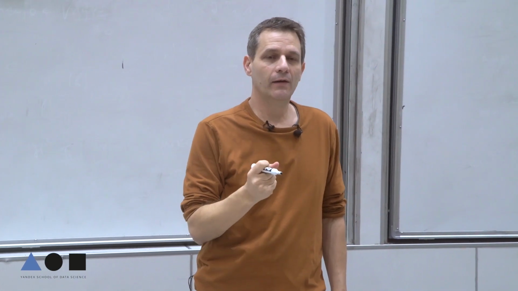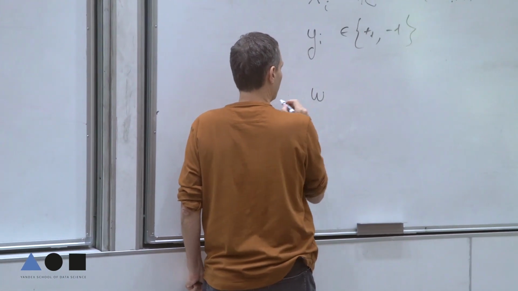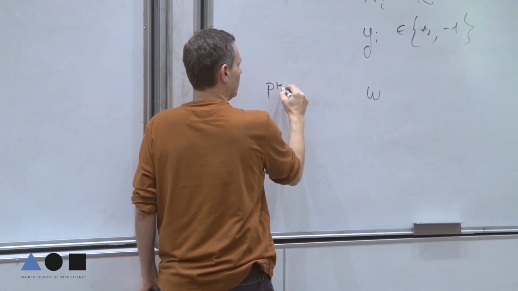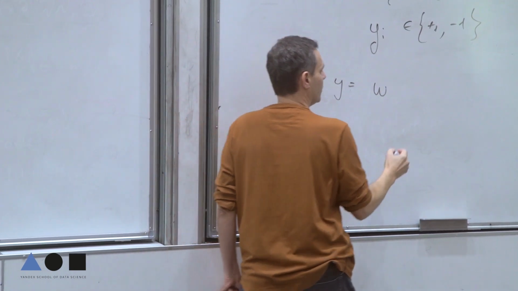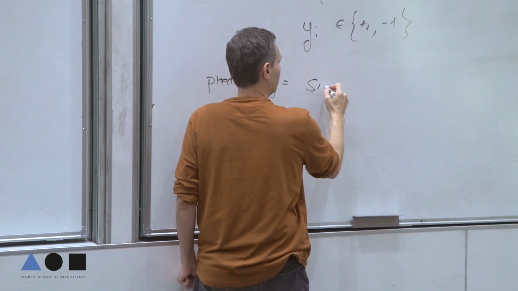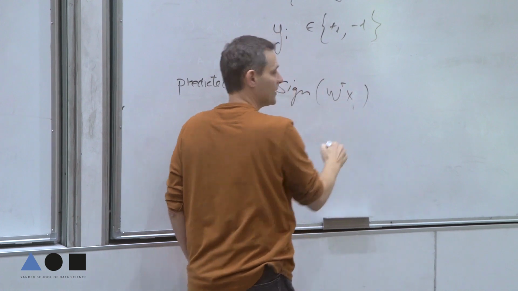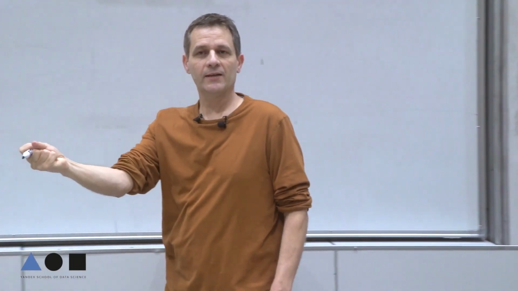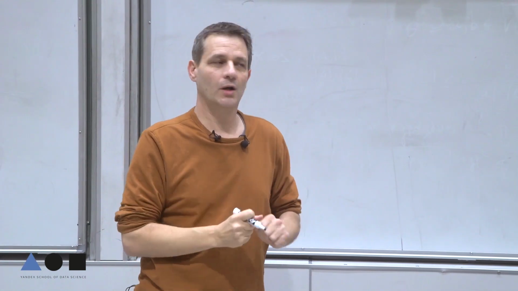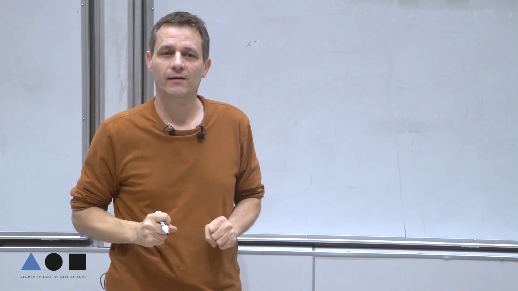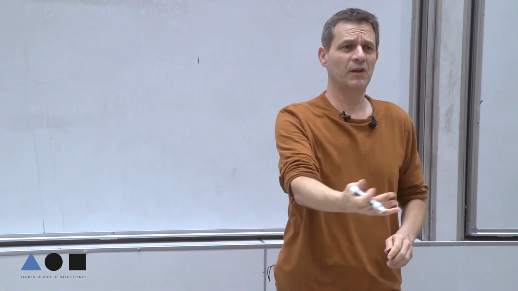You want to find some weights, and you want to predict the following. The predicted label is going to be the sign of W transpose X. So if someone gives you a new sample X, you multiply it, just a dot product with W, and you look at the sign. If it's positive, you say the label is +1. If it's negative, you say -1, right?